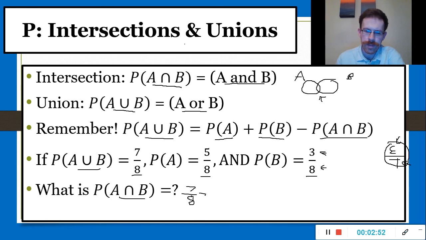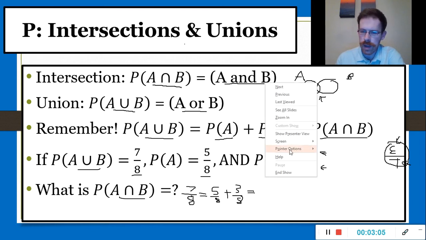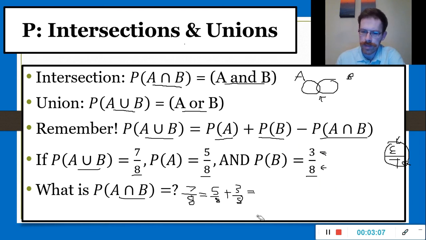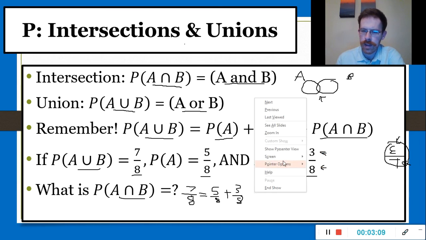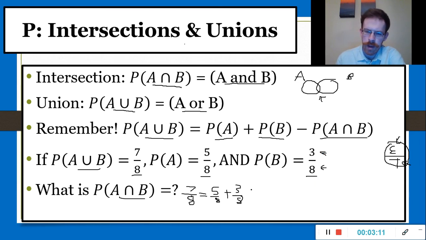Now, for this case, if we set this up into this equation, we have 7 over 8 is equal to 5 over 8 plus 3 over 8, minus some value over 8.